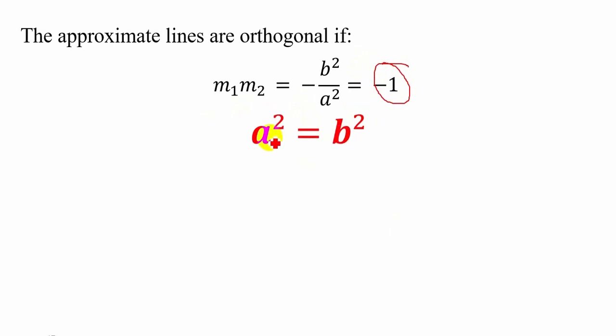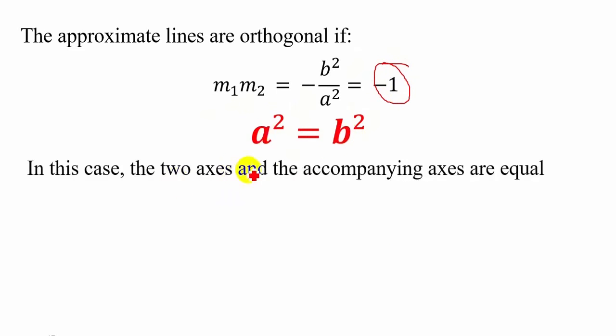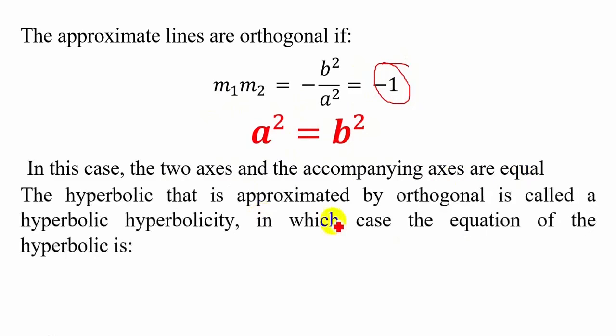Okay, so a square equal b square, and the two axes in this case, the transverse and conjugate axes, are equal, and both of them are equal. So the hyperbola whose asymptotes are orthogonal is called a rectangular hyperbola, in which case the equation of the hyperbola is this equation.